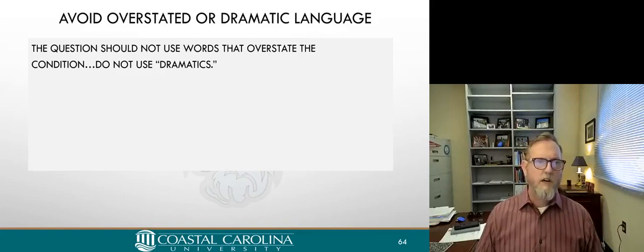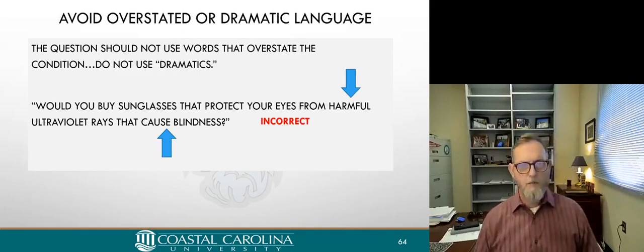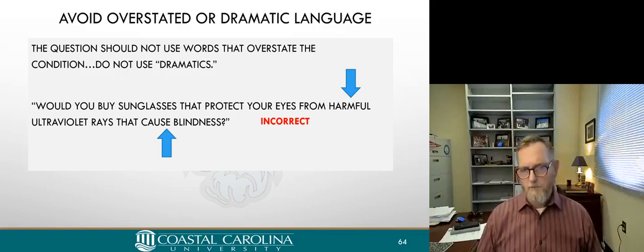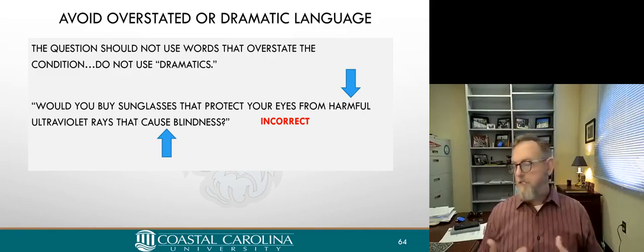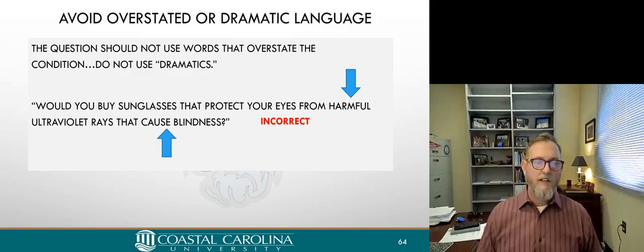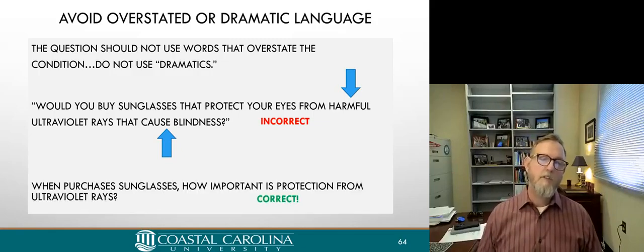Avoid overstated or dramatic language. Would you buy sunglasses that protect your eyes from harmful ultraviolet rays that cause blindness? Okay, so adding the idea that causing blindness and that the ultraviolet rays are harmful probably produces a little bit more of an extreme position. And what this is going to do is, when people answer this question, they're going to overstate their intentions.